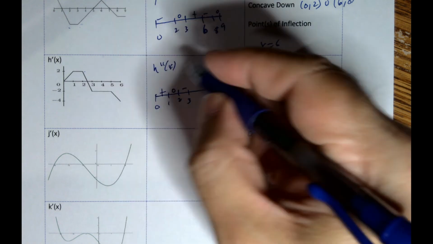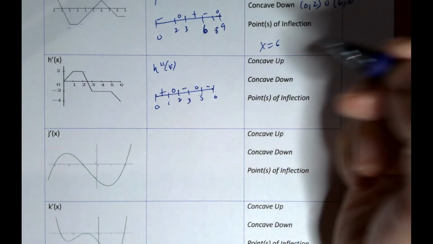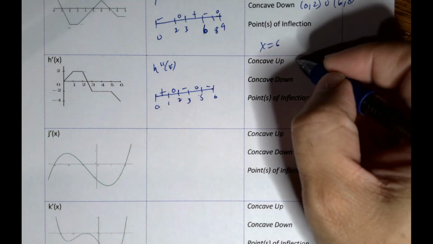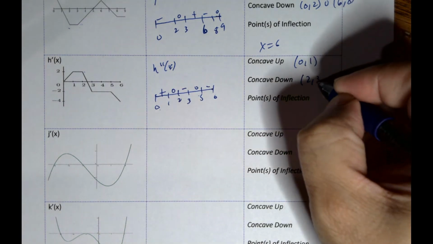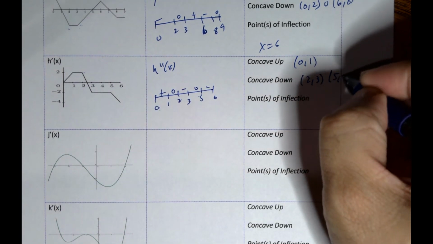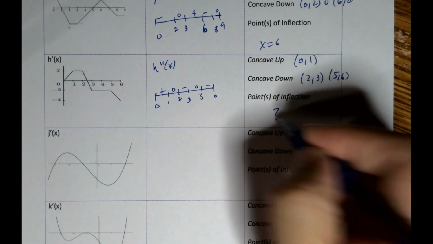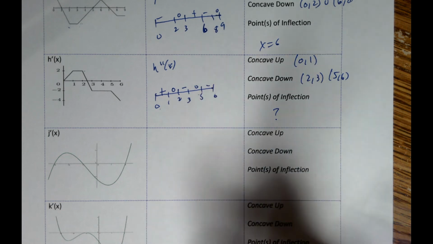It's flat from 3 to 5, and it's decreasing after that. It is nasty. So it's concave up from 0 to 1, concave down from 2 to 3, and 5 to 6. And then it's questionable whether there are points of inflection. You could argue there's a point of inflection at 3 or 5, but we're not going there.